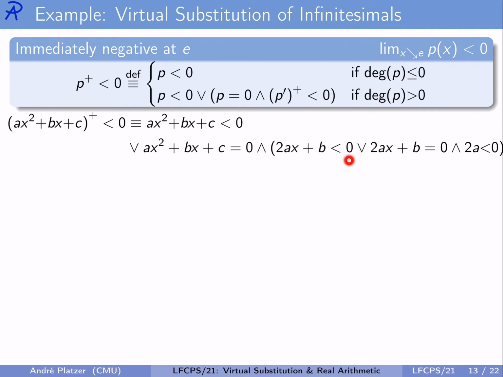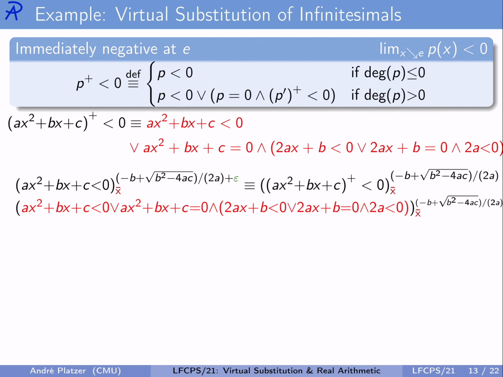If it's negative, then because the first derivative is negative, we know. Or if that first derivative is still 0, then we ask the next derivative. The next derivative of 2ax is of course 2a, and now we're in the base case where we have a degree 0 polynomial, and so we just ask whether 2a is less than 0.